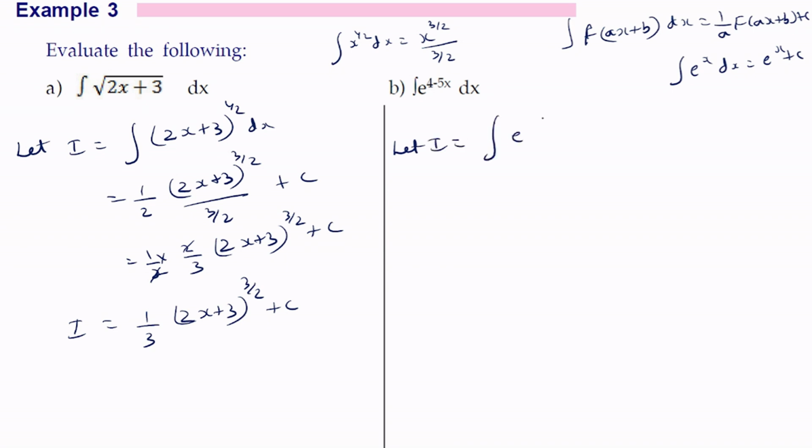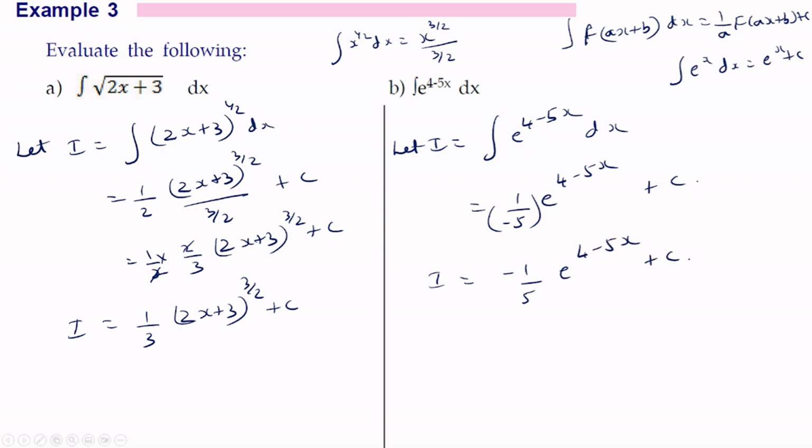So let I equal to integral e raised to 4 minus 5x dx. This is nothing but e raised to 4 minus 5x divided by minus 5. So I is equal to minus 1 by 5 e raised to 4 minus 5x plus c. So this is the required integral.